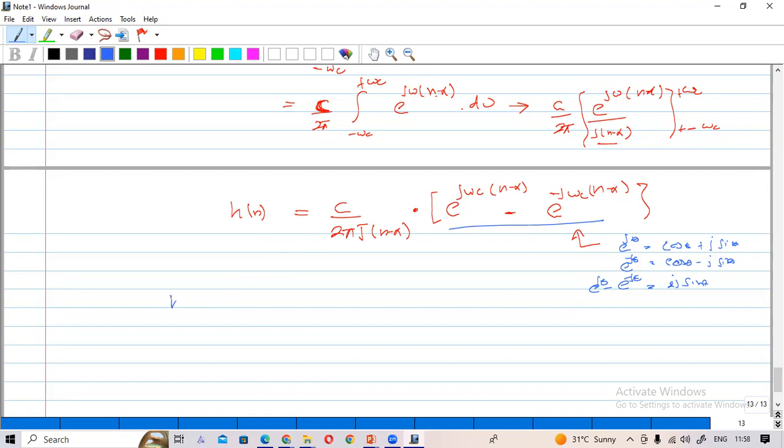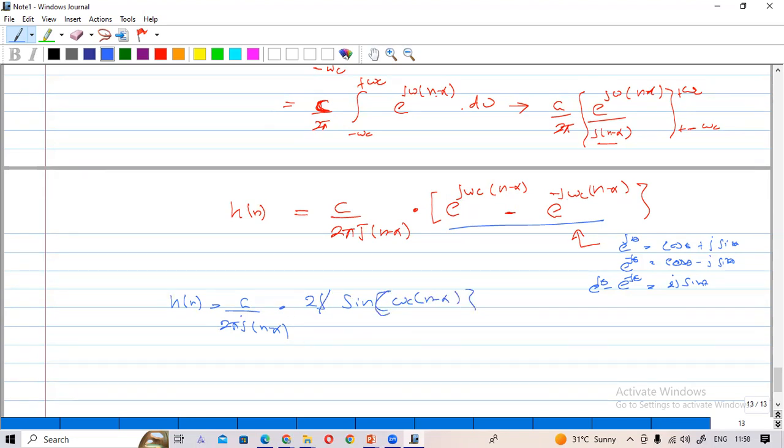So you will have h(n) as c/(π(n−α)) times e^{jω_c(n−α)} minus e^{−jω_c(n−α)}, okay. This term is identical to θ. So e^{jθ} minus e^{-jθ} gives 2j sin θ, which is identical to this one, ω_c(n−α).